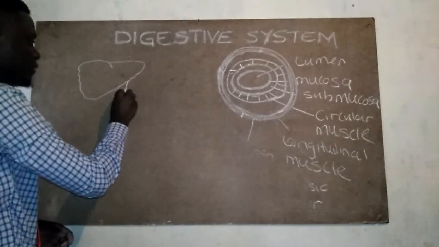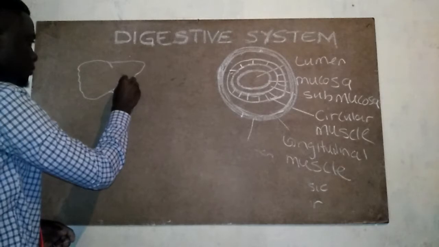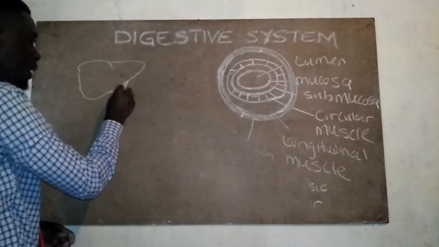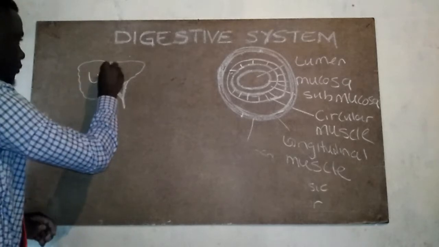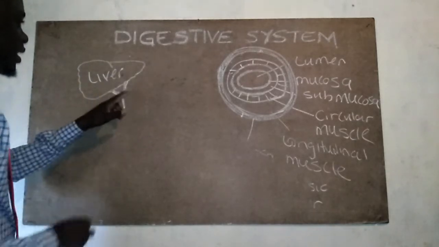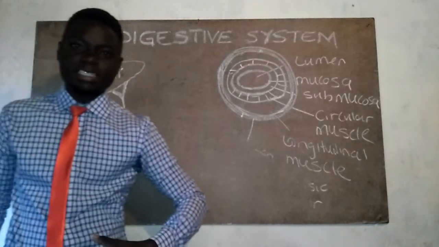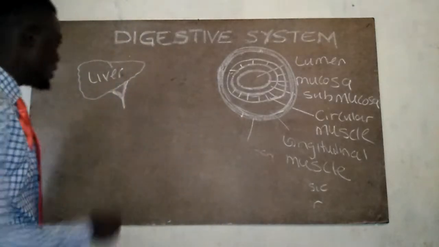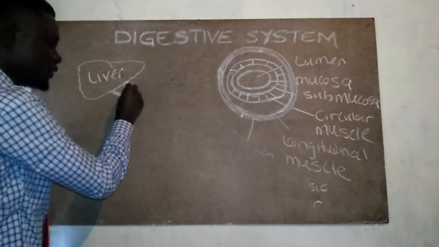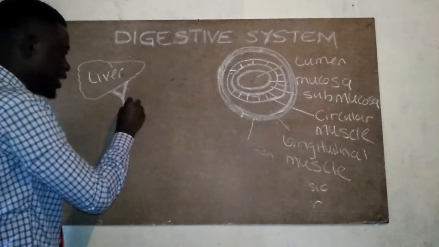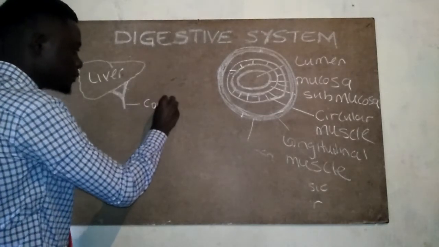And coming from the liver, we have the ducts, and these are called the hepatic ducts. This is the liver, and this is my left hand side here, and this is my right hand side. So this is the right hepatic duct, and this is the left hepatic duct. Coming down here, this is the common bile duct.